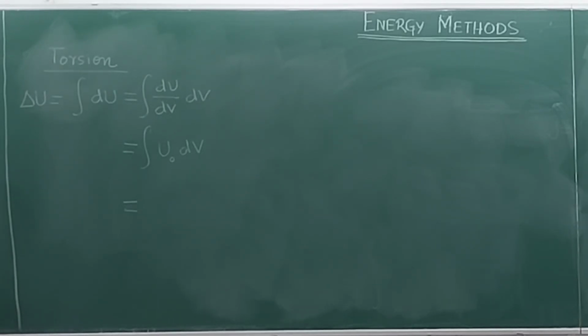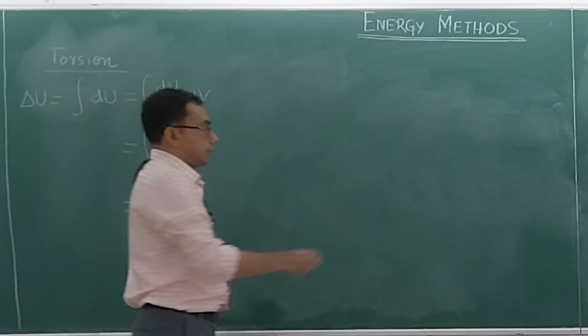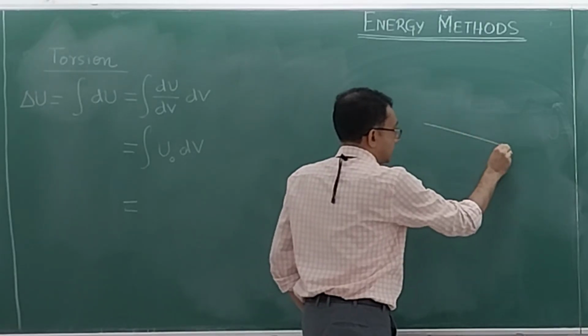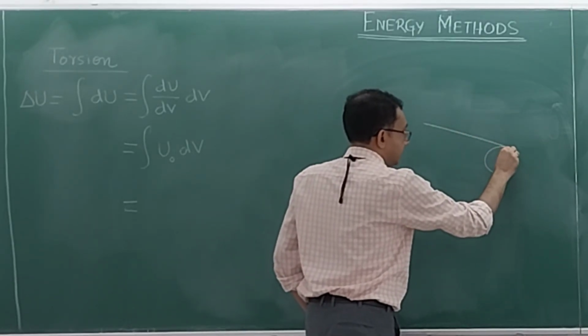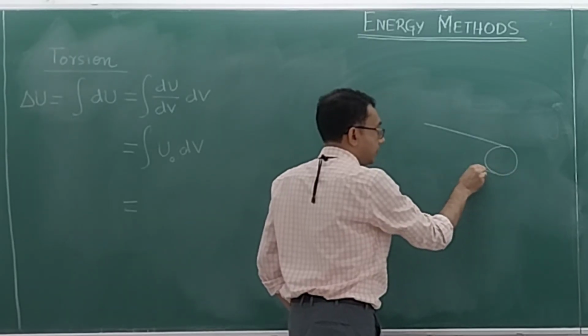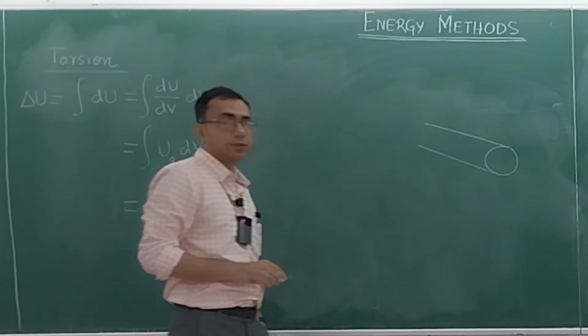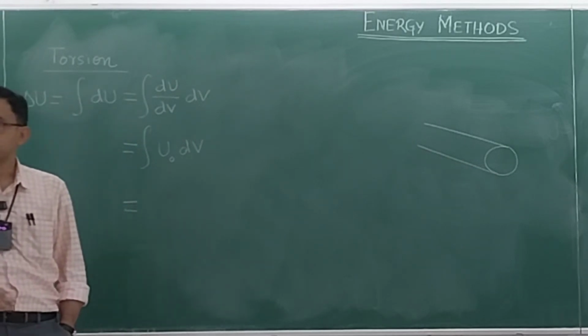Now tell me, although while building up our basic formulation, this dV was written in terms of the dx, dy, dz, now, if we are interested in finding out the change in the strain energy corresponding to this kind of member, this is a shaft which has a circular cross section.